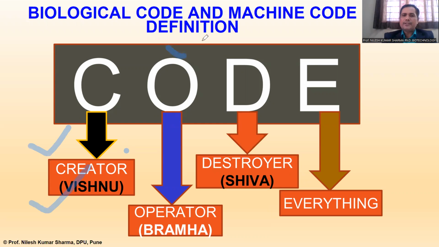O can be referred to as operator, in Hindu mythology, Lord Brahma. D can be referred to as destroyer, that is Lord Shiva, and E can be referred to as everything on the earth, on this planet, in this universe. Everything is controlled by this code system, that is CODE.